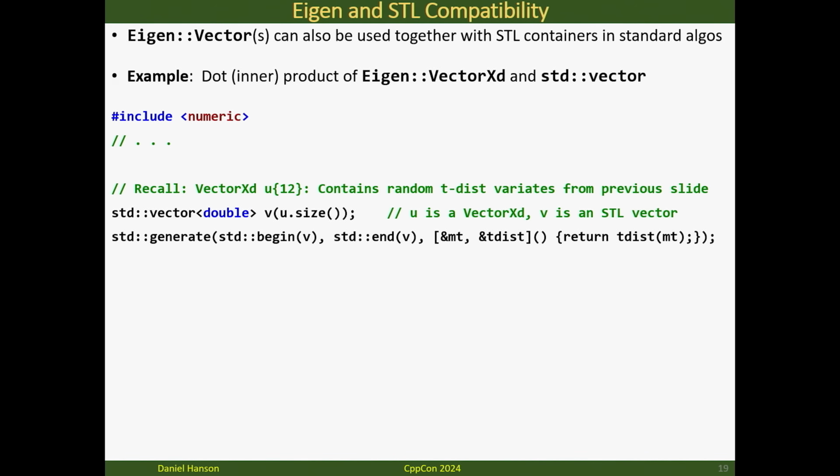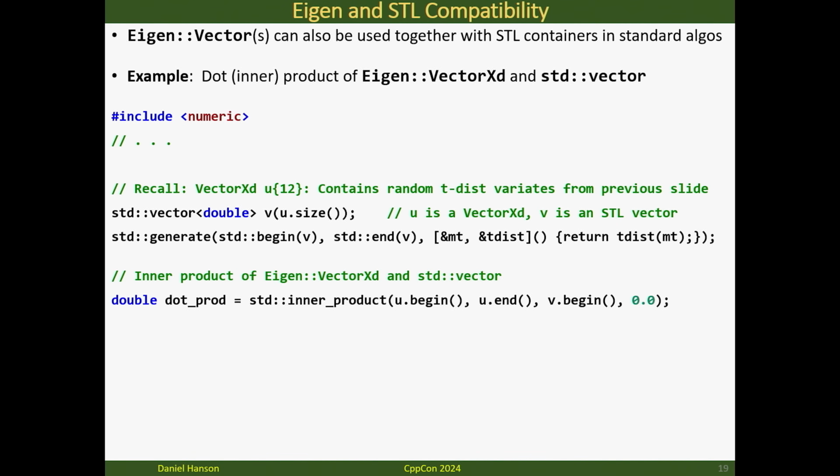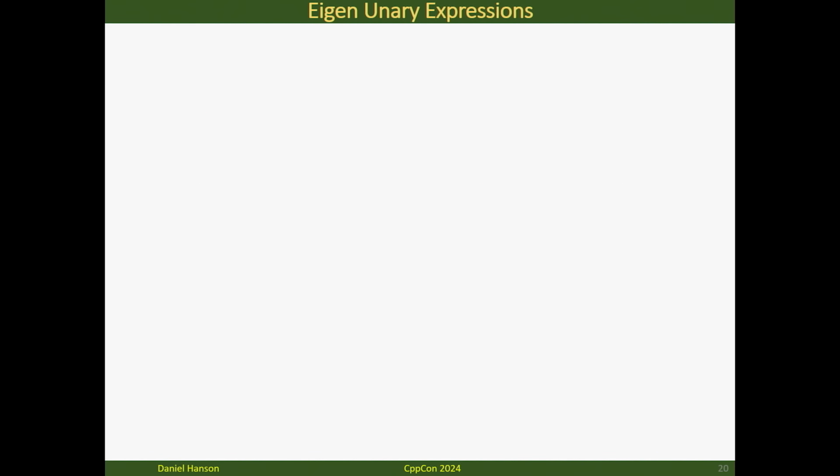And then we'll generate 12 more random variates from our t distribution. And then we can calculate the inner product or dot product using the inner product algorithm. Just like it would be an STL container. So again, there are some really, really nice features about Eigen.